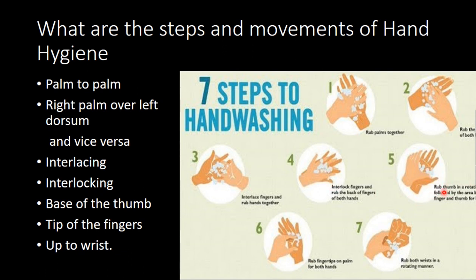With this we wash the base of the thumb. Then the tips of the fingers, which we call the rotational movement of your fingertips. Then up to the wrist. We have to rub both the wrists in a rotating manner. These are the 7 steps of hand washing.